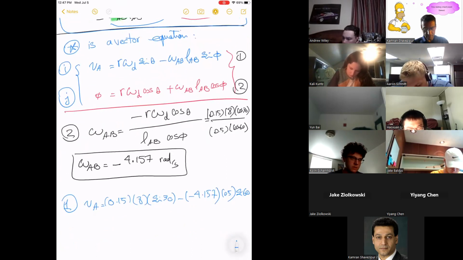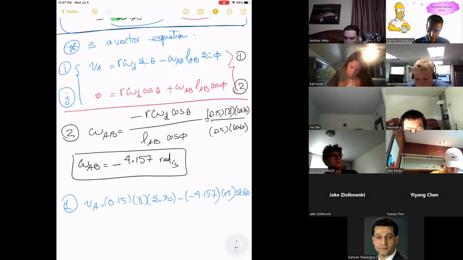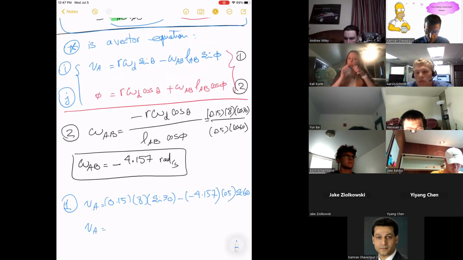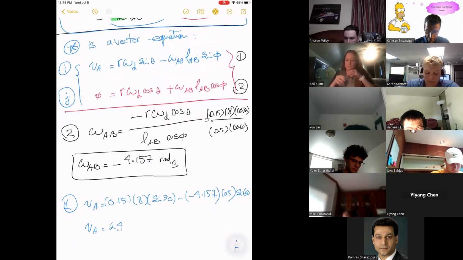If you do that, the minus becomes positive, so VA, I think you should get 2.4 meters per second.